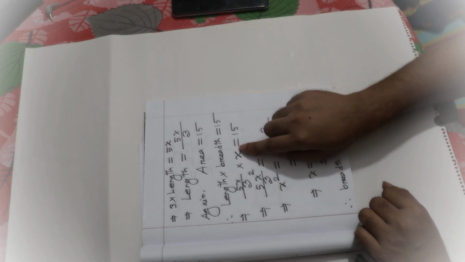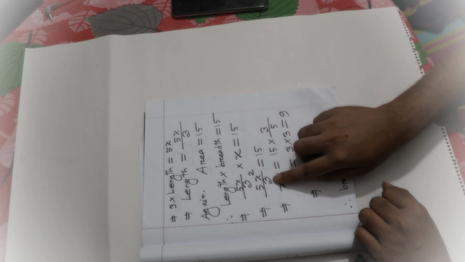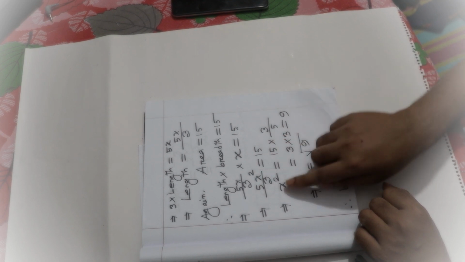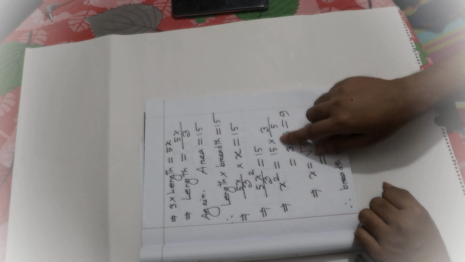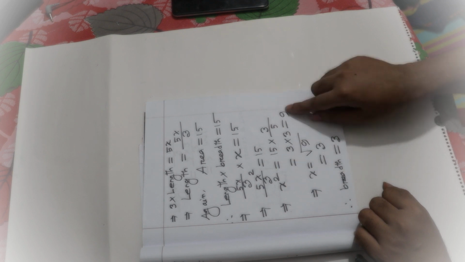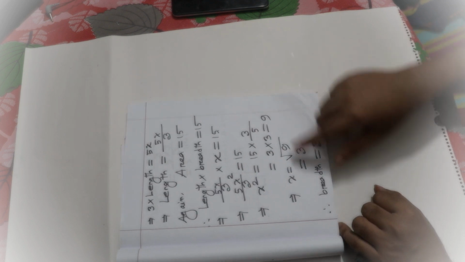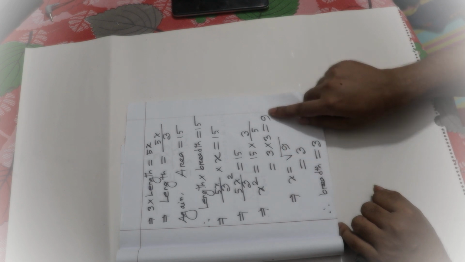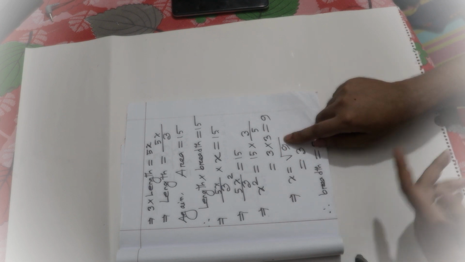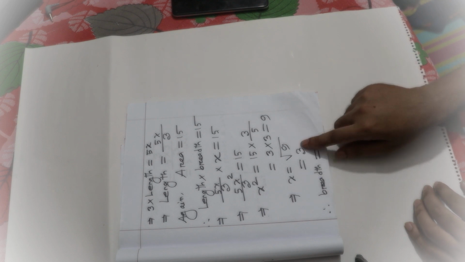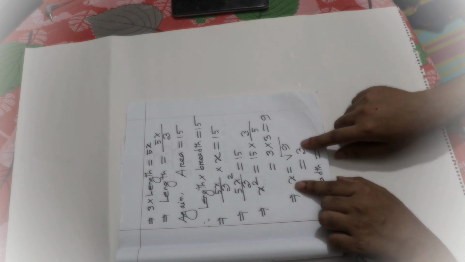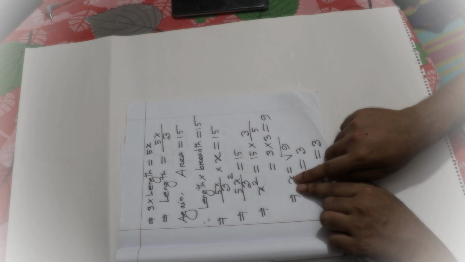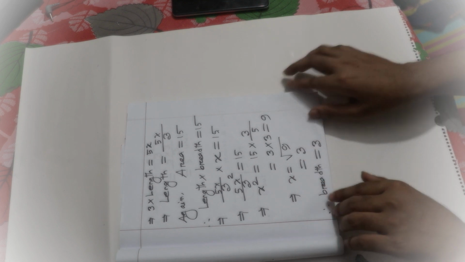So 5x square by 3 equals 15. So x square will be 9. So x equals root 9, that means x equals 3. Actually x is the breadth. So the value of breadth is 3.